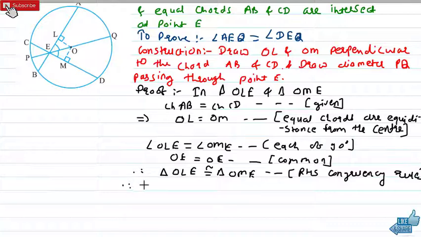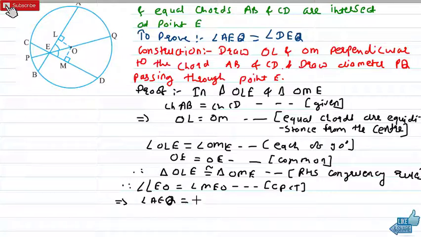Because we want angle LEO equal to angle MEO. The reason is CPCT, corresponding parts of congruent triangles, correct? So this also implies that angle AEQ is equal to angle DEQ, and the final line is hence proved.